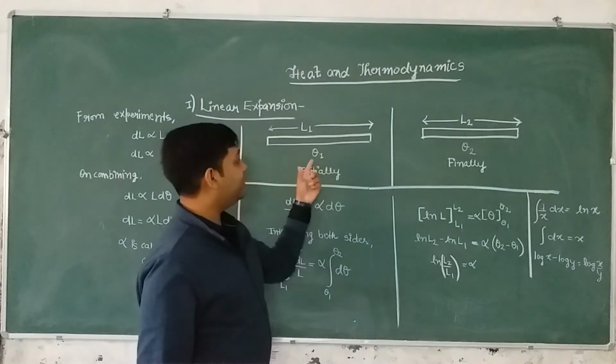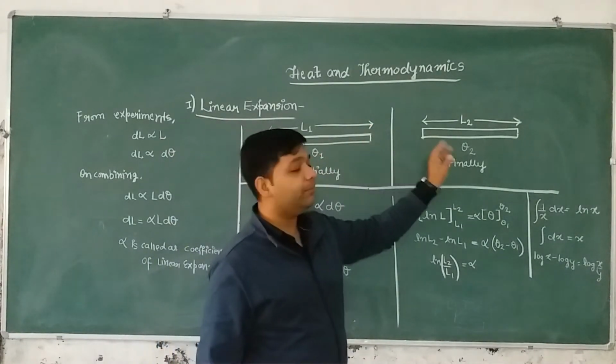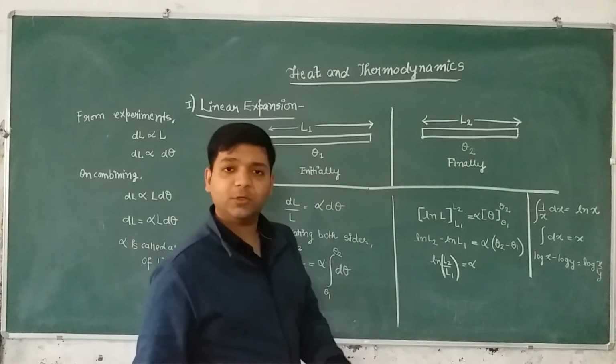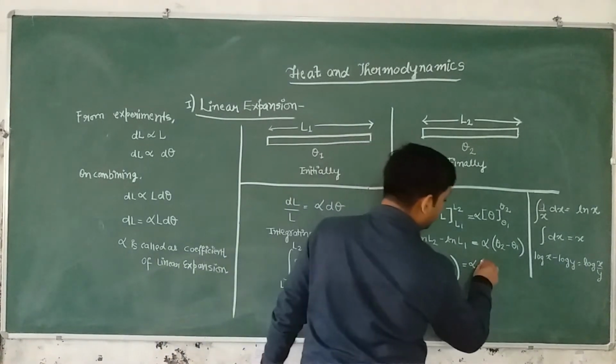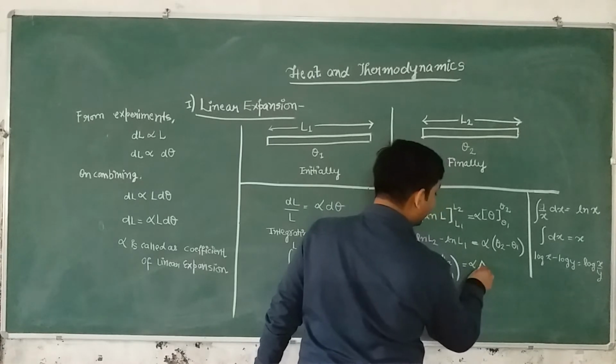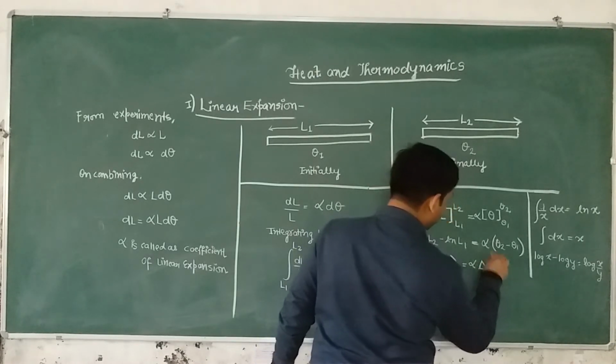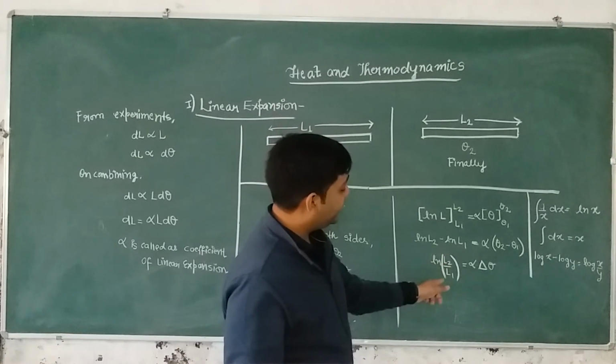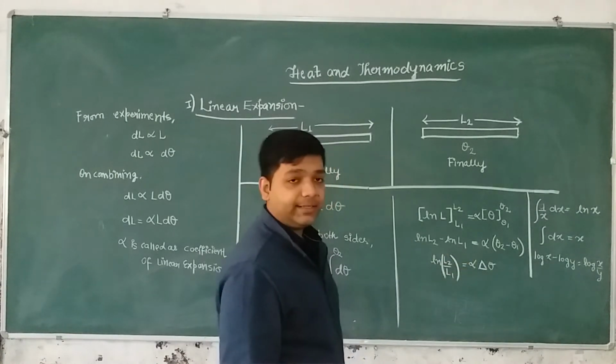If the initial temperature was theta 1 and the final temperature is theta 2, we can write theta 2 minus theta 1 as delta theta. There is no problem in it, right? So I am writing it as delta theta. Now we have ln of L2 upon L1 is equal to alpha delta theta.